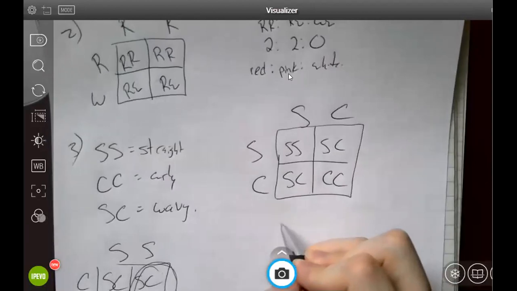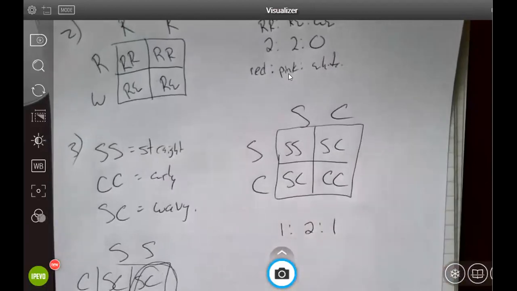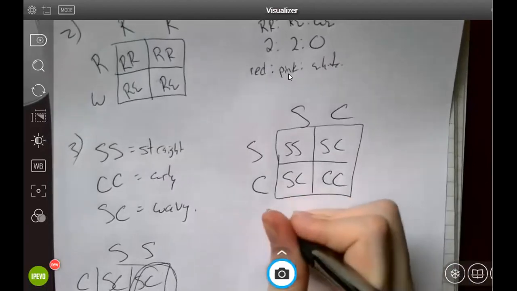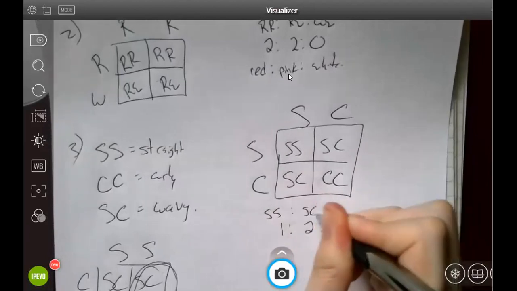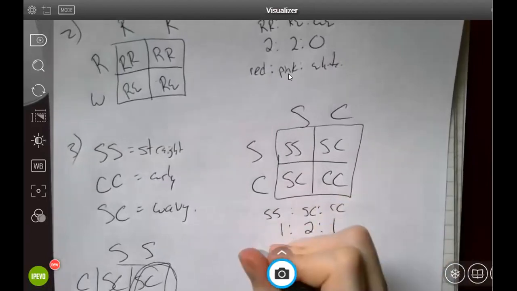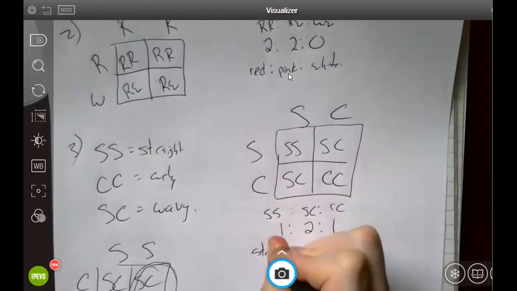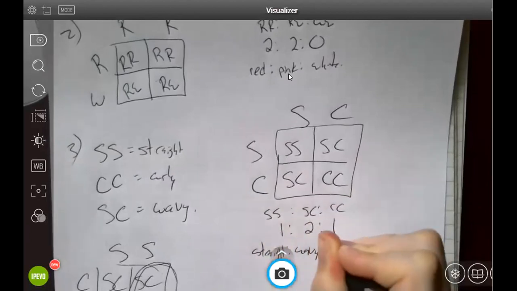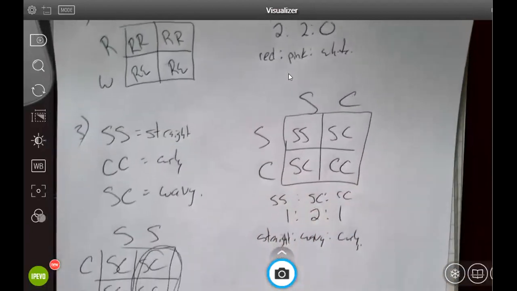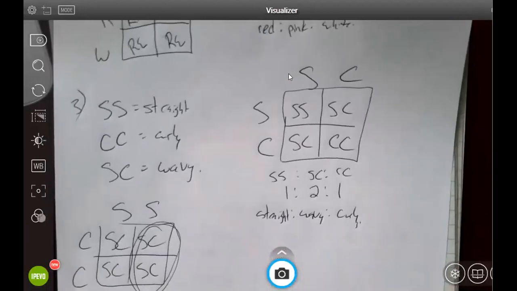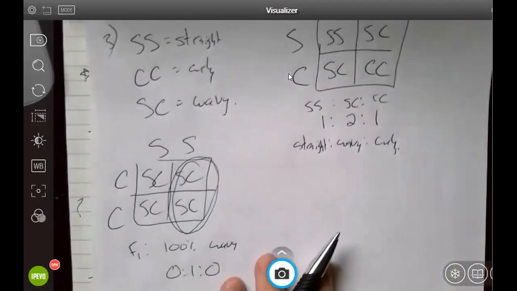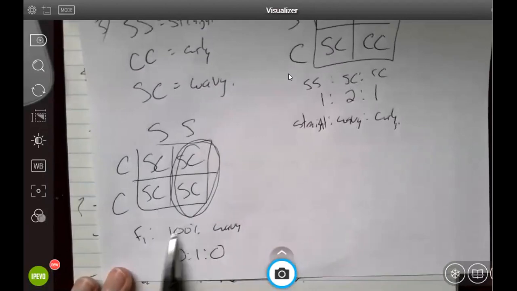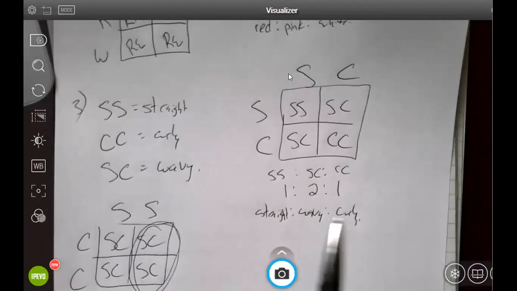That will give us a 1 to 2 to 1 ratio, both for genotype and for phenotype. Okay, so again, the F1 generation phenotype and genotype ratio is 0, 1, 0. The F2 generation is 1, 2, 1.